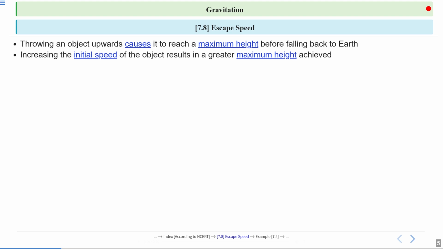Now if we increase the initial speed of the object, it will reach a greater maximum height. This is because the object has more kinetic energy to overcome the gravitational pull, allowing it to travel further upwards before gravity brings it back down.